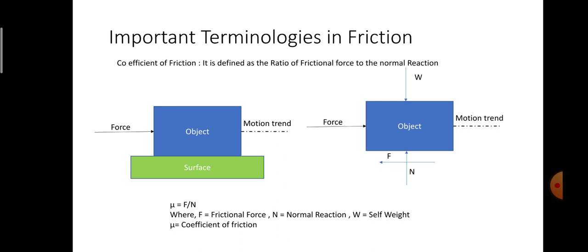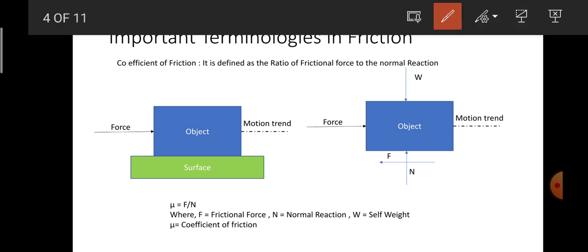The second sketch represents the free body diagram, wherein W represents the self weight of the object and force F is along the pushing direction, and in the same direction you can expect the motion trend.